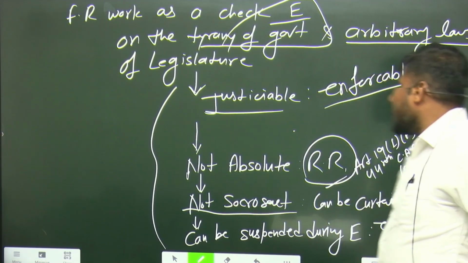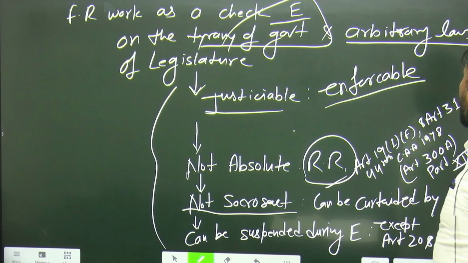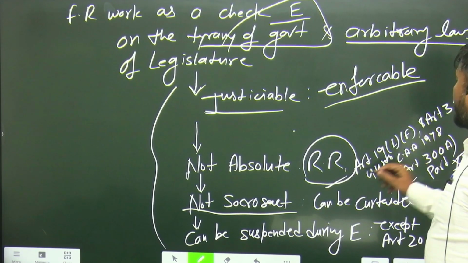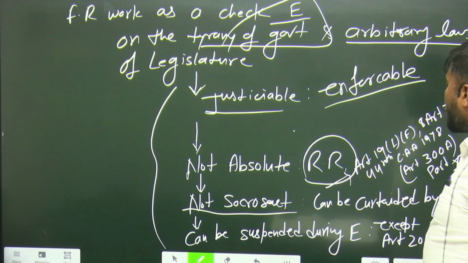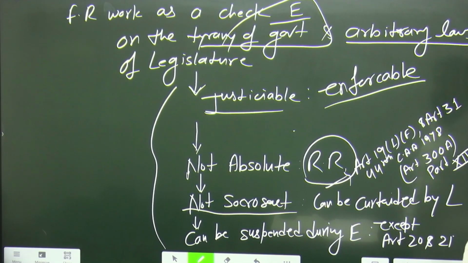Once this elimination was done: Article 19(1)(f) and Article 31, these articles were concerning the right to property. By using the 44th Constitutional Amendment Act 1978, we have abrogated Article 19(1)(f) and Article 31, and we have removed the right to property from the list of fundamental rights, and we have made the right to property an ordinary legal right under Article 300A, Part 12, right?